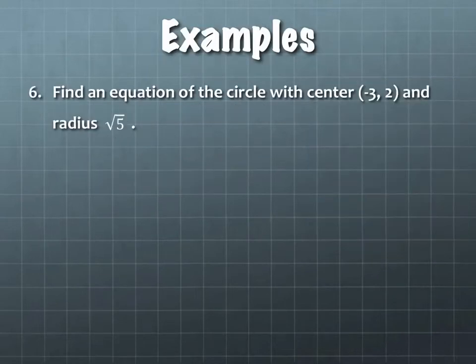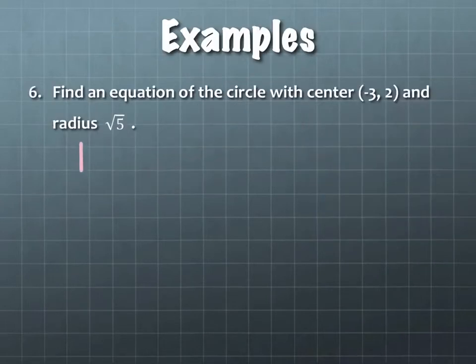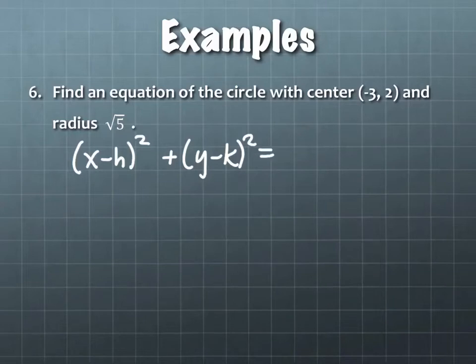This one says to find the equation of the circle with center (-3, 2) and radius square root of 5. So the second formula that I gave you is the one that applies when your center is not (0, 0). So our general formula would be (x minus h) squared plus (y minus k) squared equals r squared.